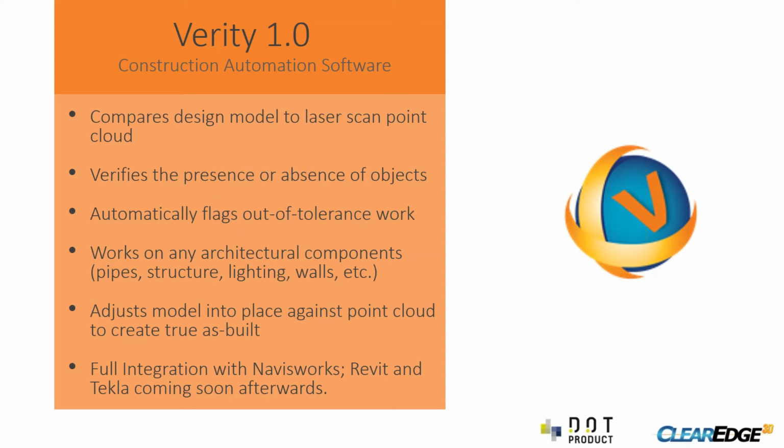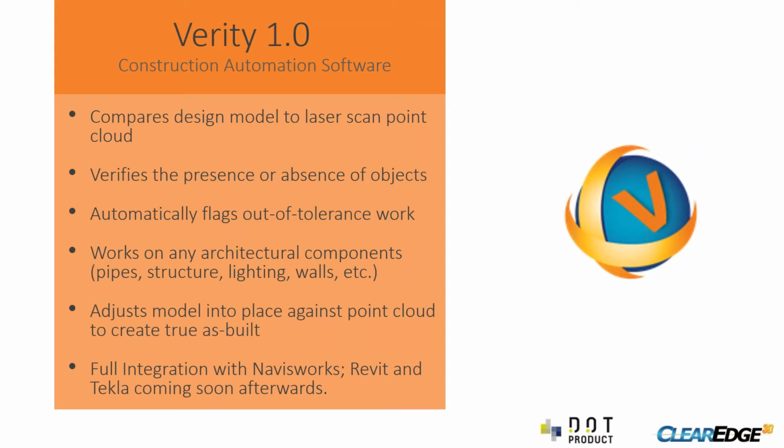That's what we're targeting initially. The idea is to figure out where there are discrepancies between what was supposed to be built and what's actually being built. The software is able to verify whether things are actually there or not, so you can tell if it's been installed or not. It automatically flags any out of tolerance work.